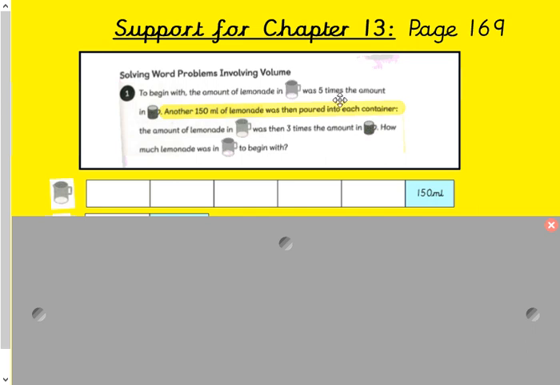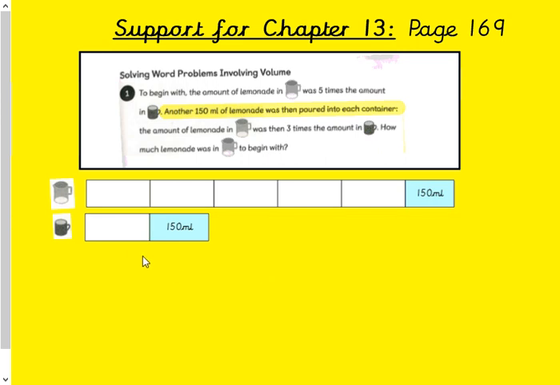Because it says it's been added to each container, I've then added it into the cup as well. So here's our original 1 piece, followed by the additional 150 millilitres of lemonade. Please add these 2 pieces to your drawings.